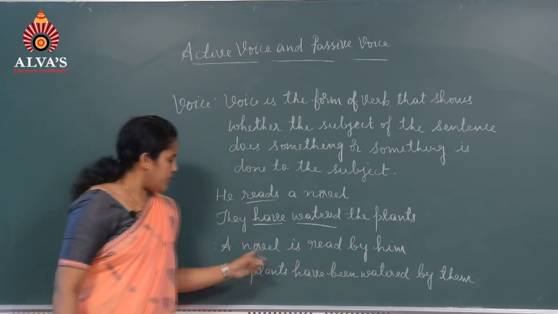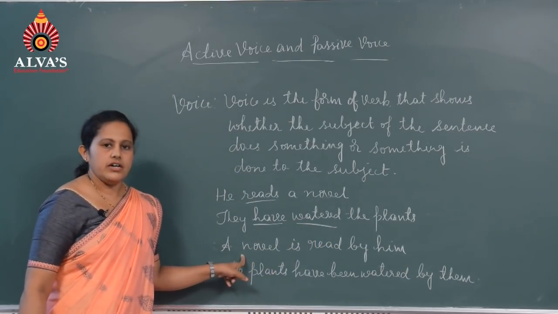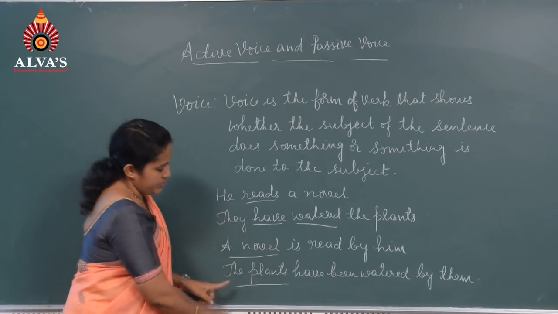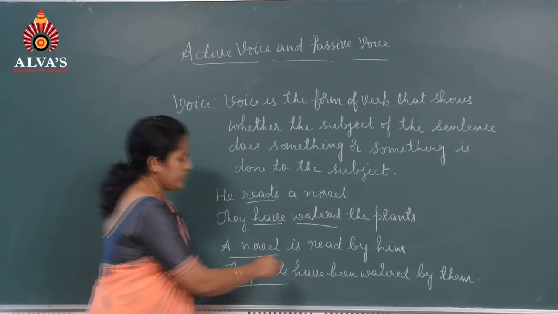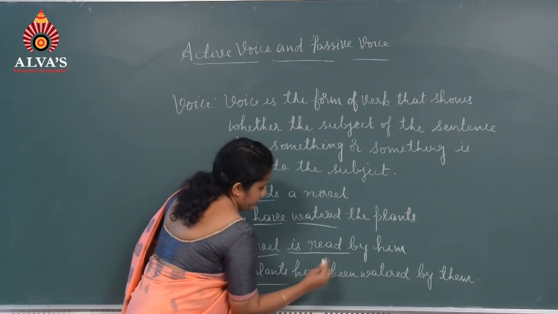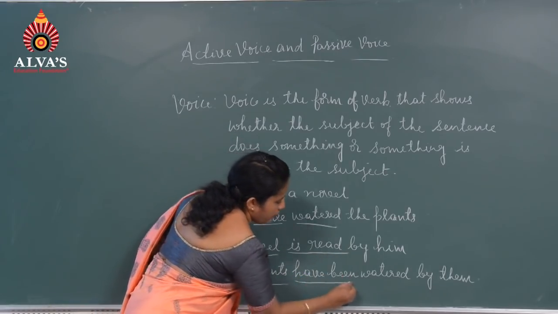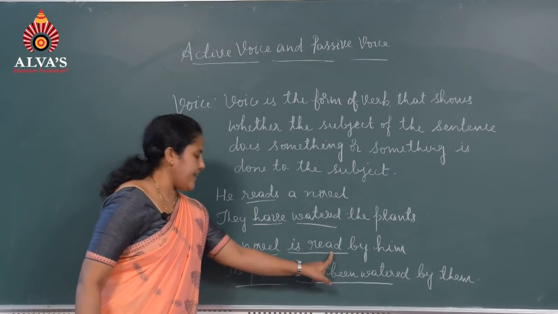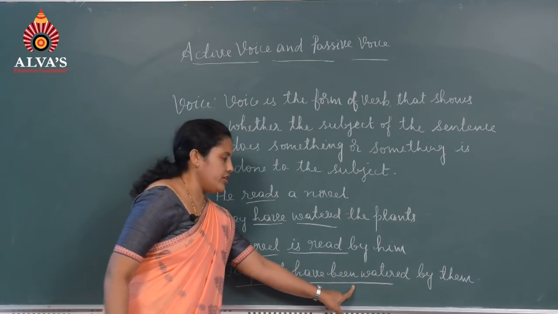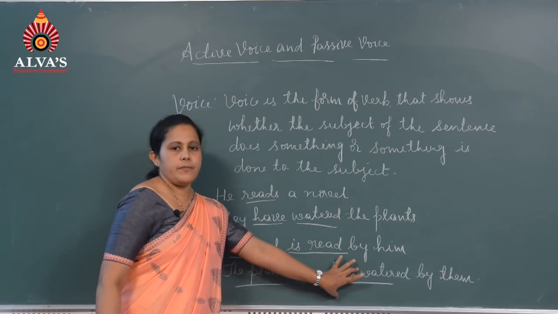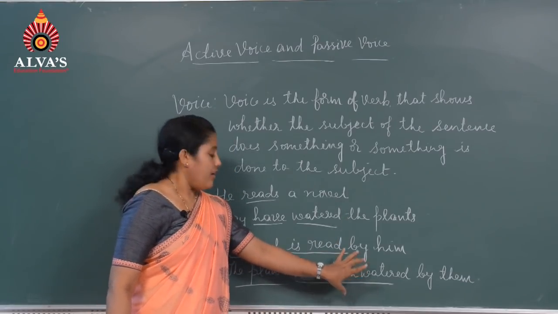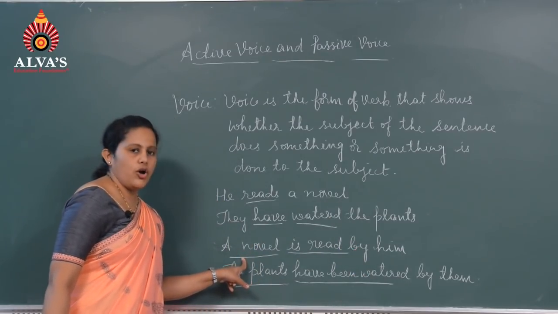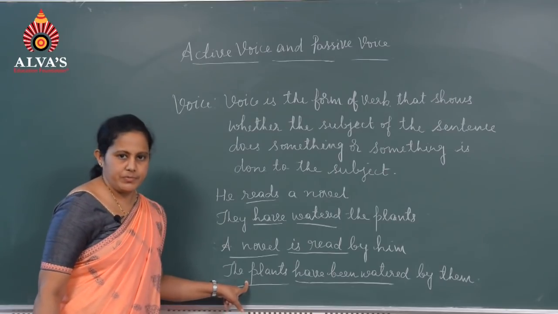And next, these two sentences, a novel is read by him, the plants have been watered by them. Here the subjects are a novel and the plants, and the verbs are is read and have been watered. Those verbs express the action done on the subject, a novel and the plants respectively.